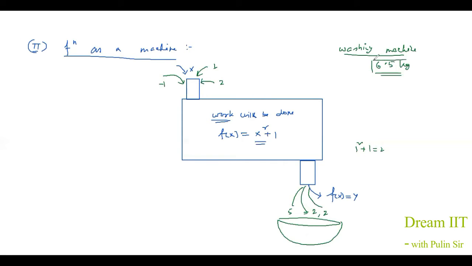That means the capacity of the machine is 6.5 kg, so at maximum 6.5 kg you can operate. Supposing that one day you give the input as 10 kg, what will happen to the machine? It will start malfunctioning, or maybe it will show an error. Why? Because the capacity of that machine is 6.5.